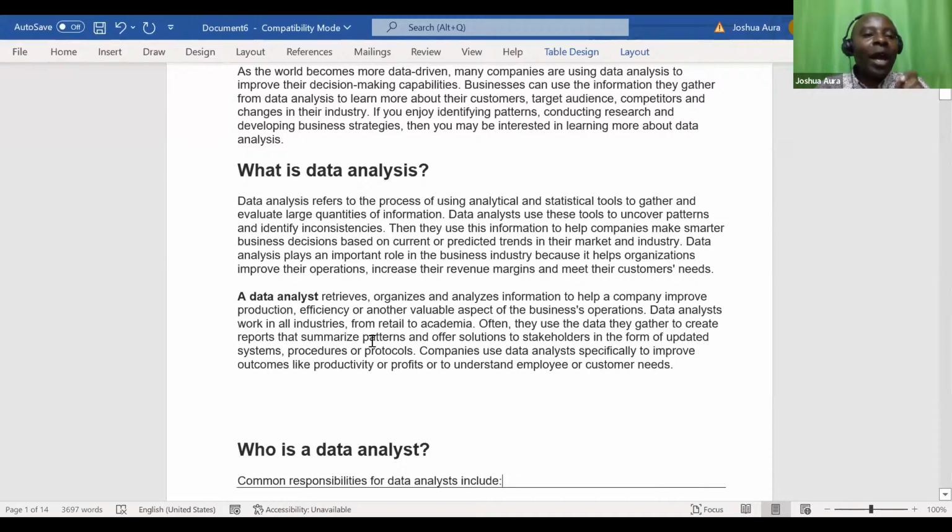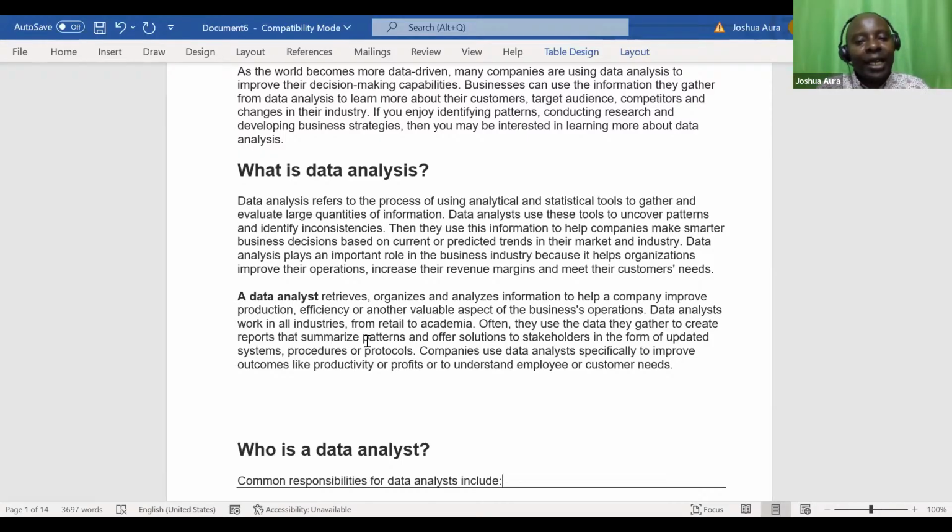Data analysts work in all industries from retail to academia. Often they use the data they gather to create reports that summarize patterns and offer solutions to stakeholders in the form of updated systems, procedures, or protocols.